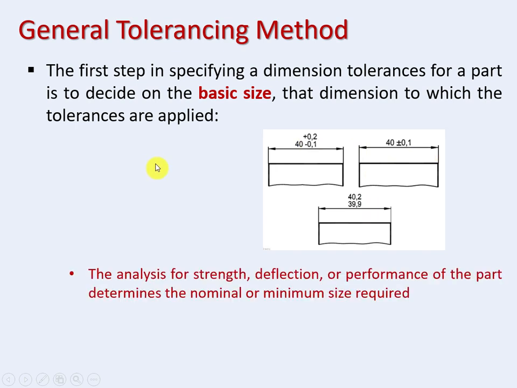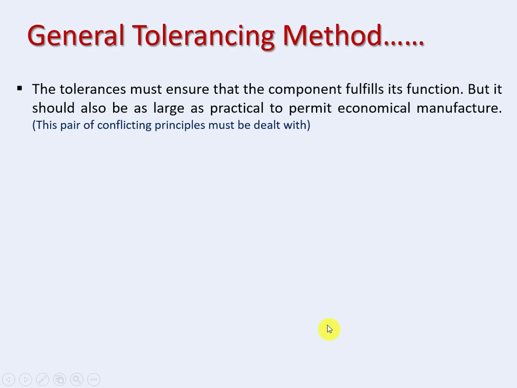The analysis of strength, deflection, or performance of the part determines the nominal or minimum size required. The tolerances must ensure that the components fulfill their function, but they should also be as large as practical to permit economical manufacturing.